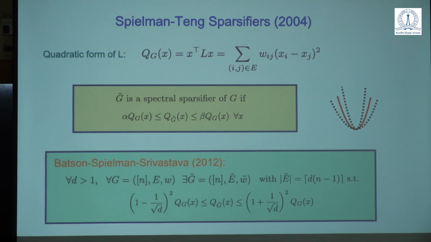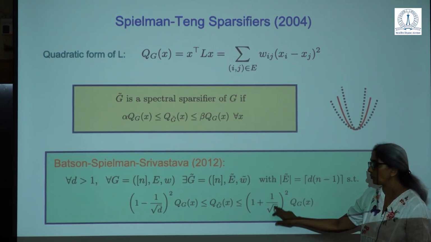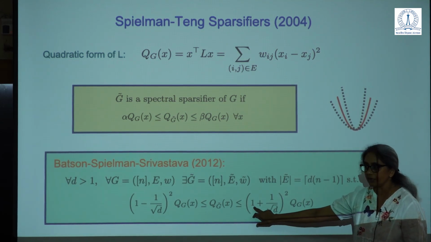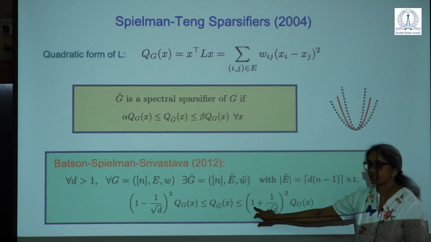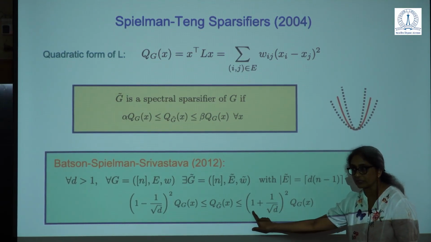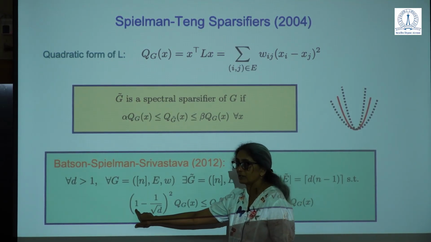So what happens as d increases? This number will increase, right? So one over that number will decrease and you'll get closer to 1. So as d increases, this number will decrease, it'll get closer to 1, and similarly this number will decrease and it'll also get closer to 1.